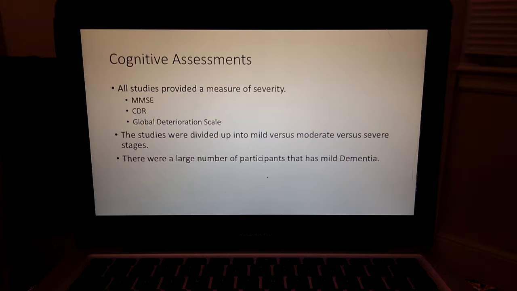That includes memory, orientation, judgment, problem solving, community affairs, home, hobbies, and personal care. And Jessica already talked about the Global Deterioration Scale and how that was important. All the studies were also divided into mild, moderate, and severe stages, which is important to categorize each study. In this study, there was a large number of participants with mild dementia.